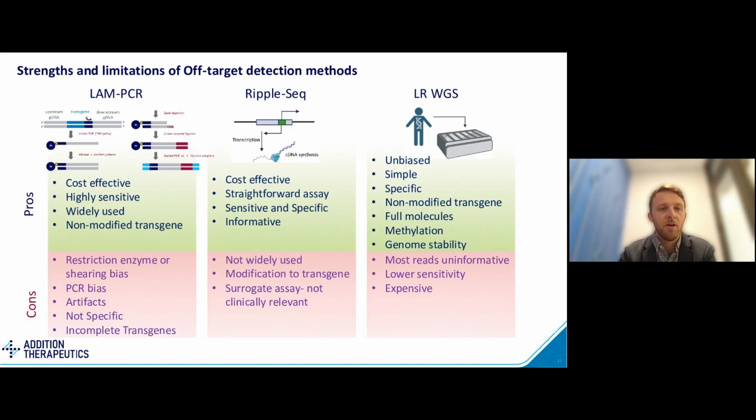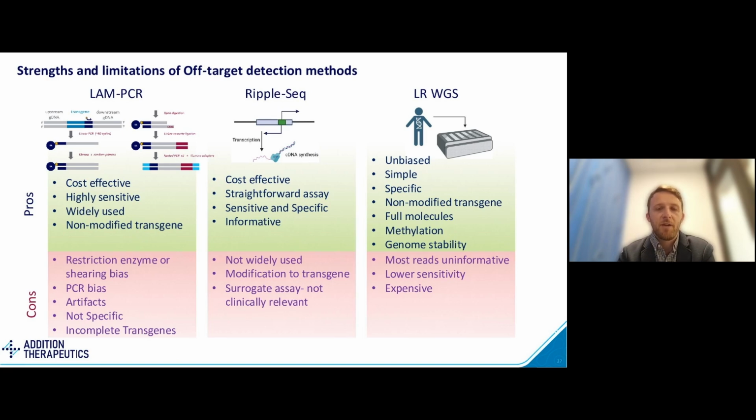You go through altogether 3 rounds of PCR to get your final library. It also suffers from some PCR-based artifacts because of that. It's not very specific as a result. And because it's a short read method that assays off of one end, you don't get full information about your transgene.